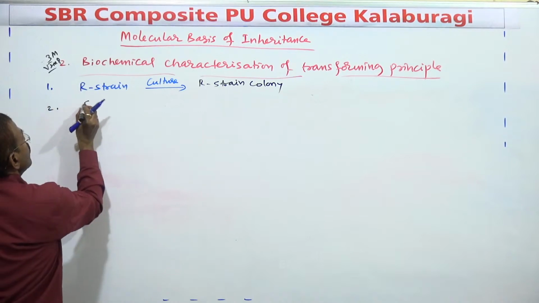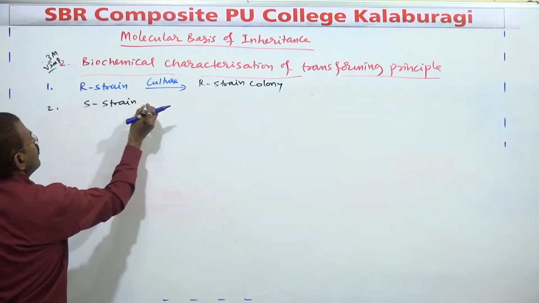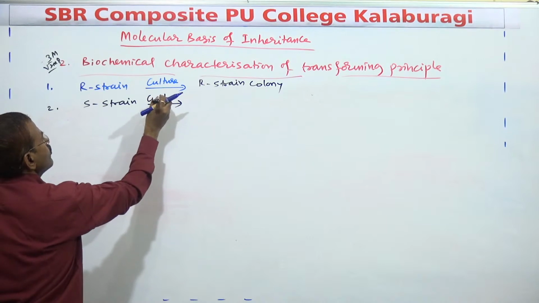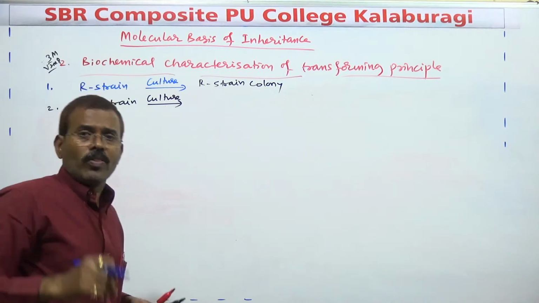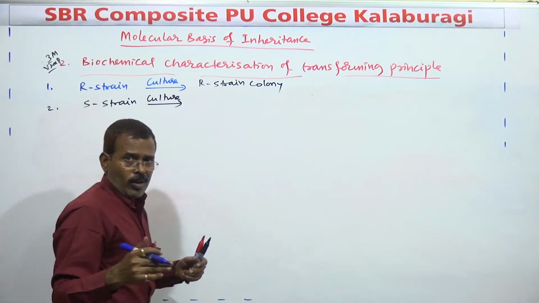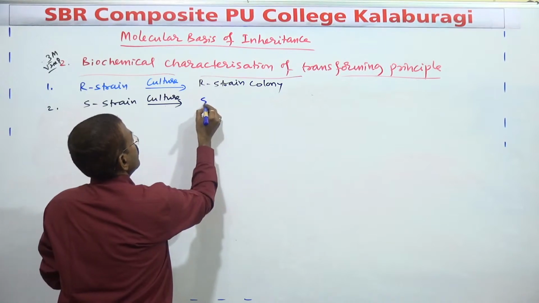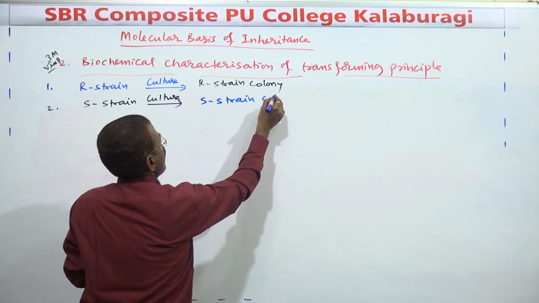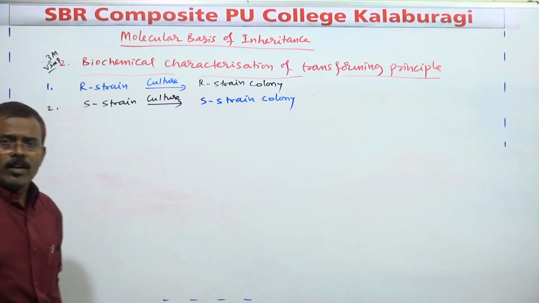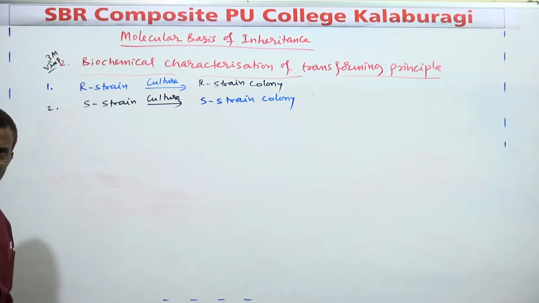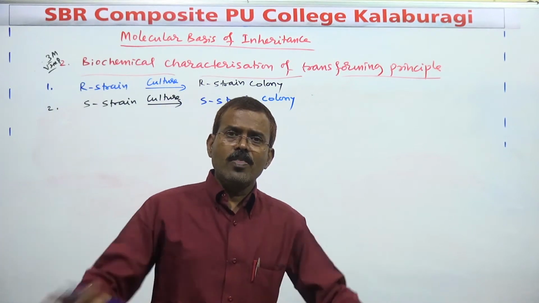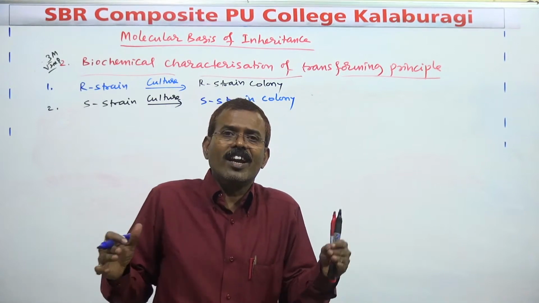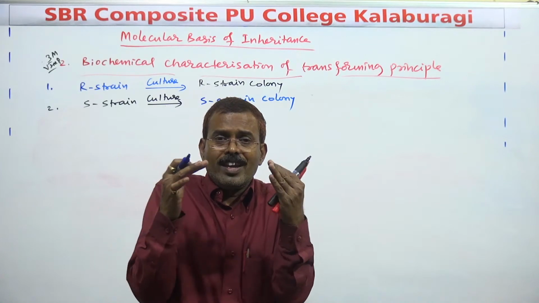Next, they cultured the smooth strain bacteria on the nutrient medium, and they got a smooth strain colony. This time, they gave heat treatment. When the smooth strain bacterium is given heat treatment, the capsule and cell wall get disintegrated by the heat.